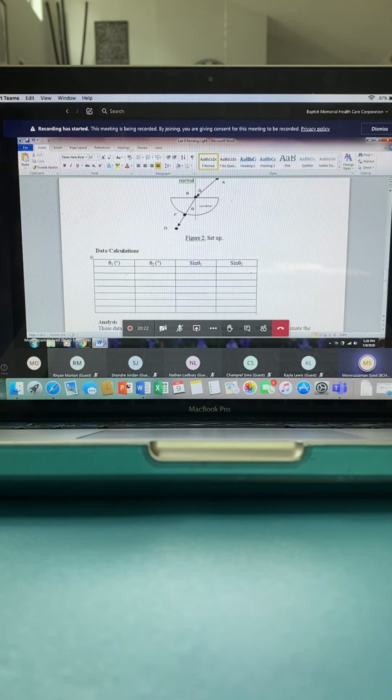If you set it this way, that means the laser is passing through the boundary very easily. If you set the laser perpendicular, the laser is falling at 0 degrees to the normal. That way you can measure the angle.